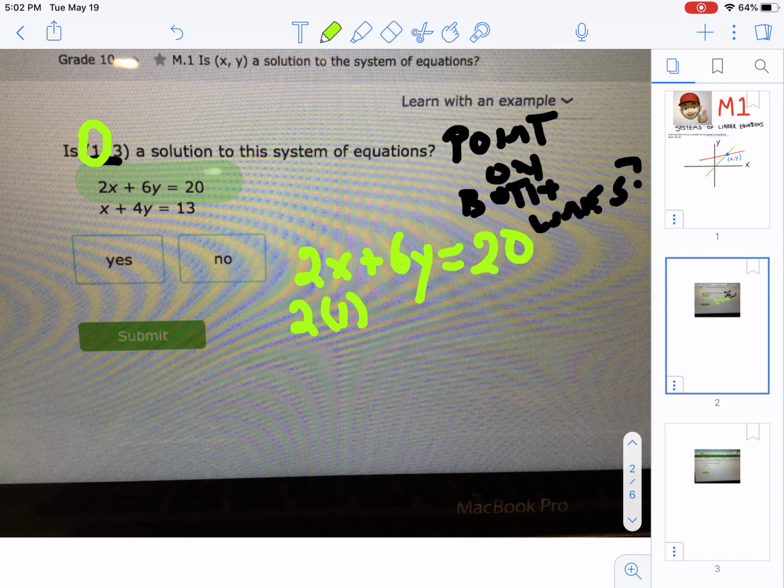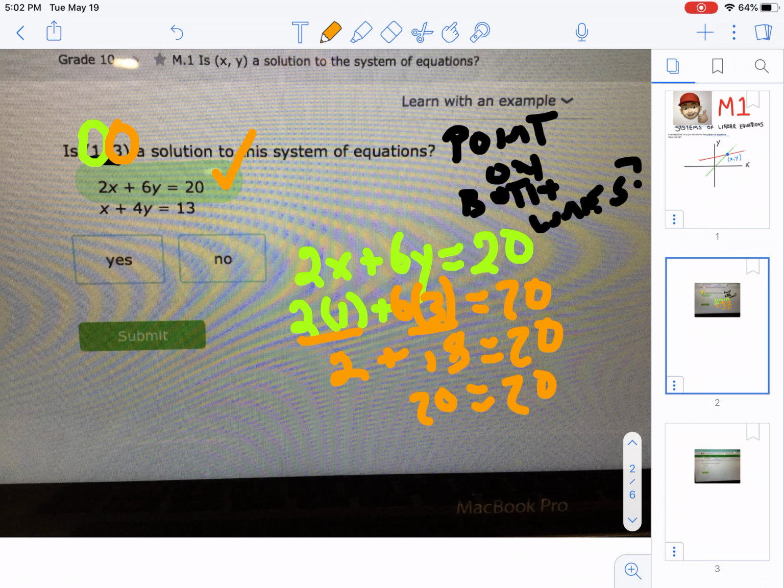So we do 2 times 1 plus, and then we take the y value, 3, and put it where y is. Okay, and we do the math. 2 times 1 is 2, plus 6 times 3 is 18, equals 20. 20 equals 20.